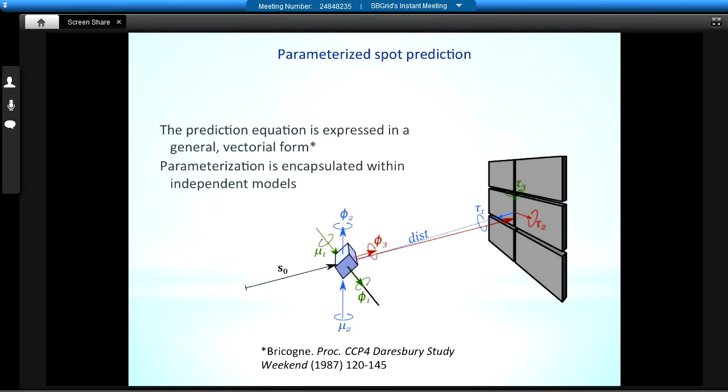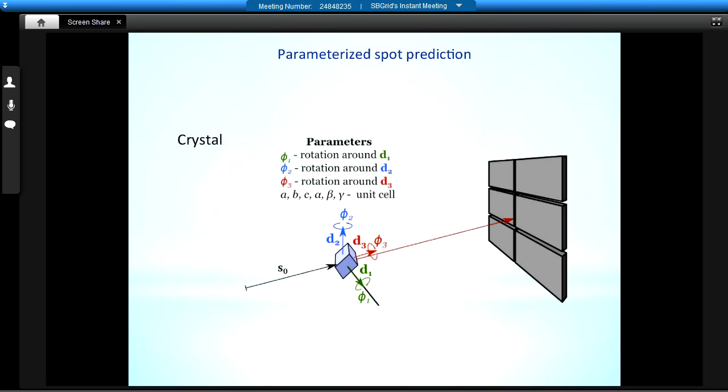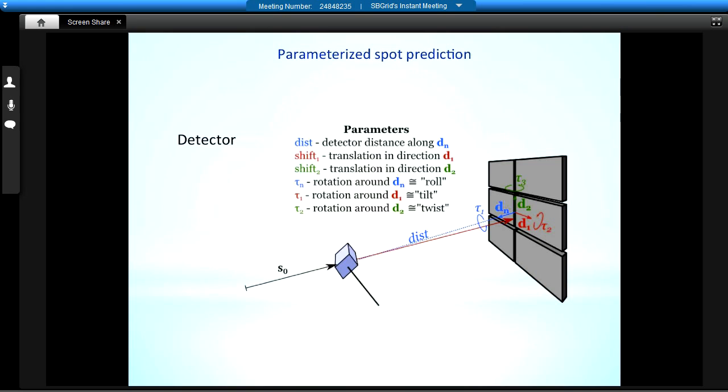So the parameters in the model have to do with the beam, so the S0 vector, which is the direction of the beam, and also the wavelength. So there are at least 3 parameters there. There's the crystal, so that's the unit cell, and 3 degrees of freedom for the rotation of the crystal along with the mosaicity. And the detector, well, that's pretty complicated.